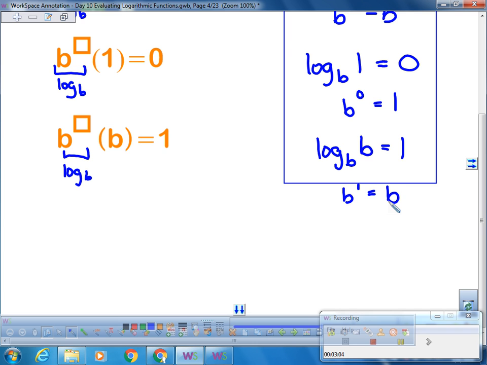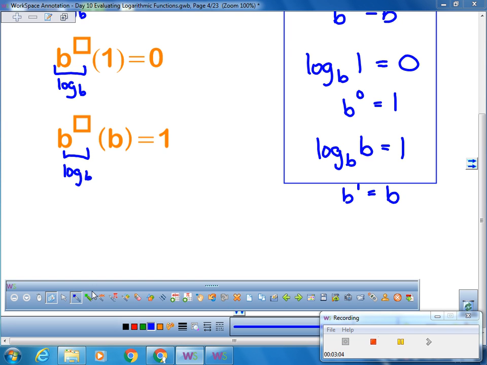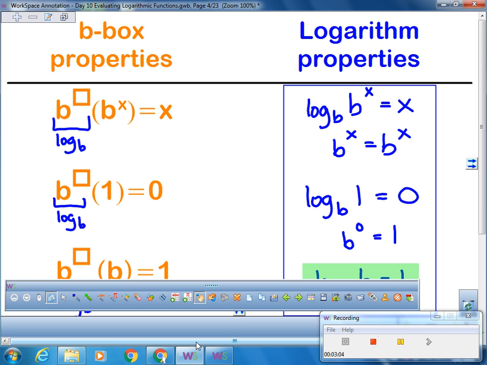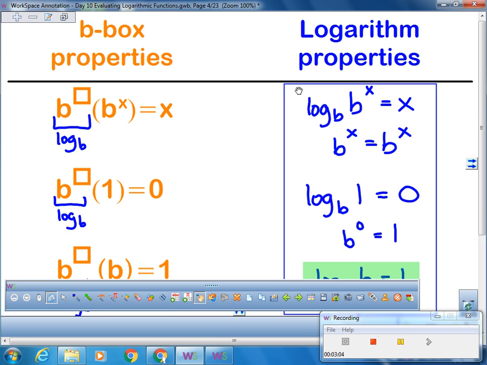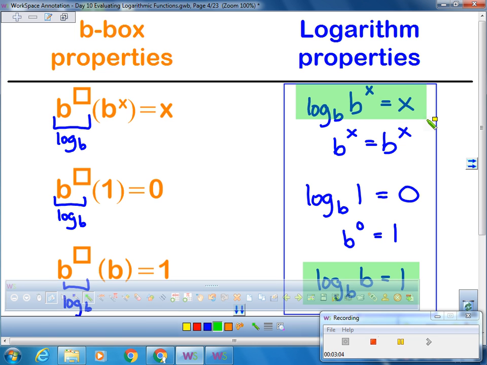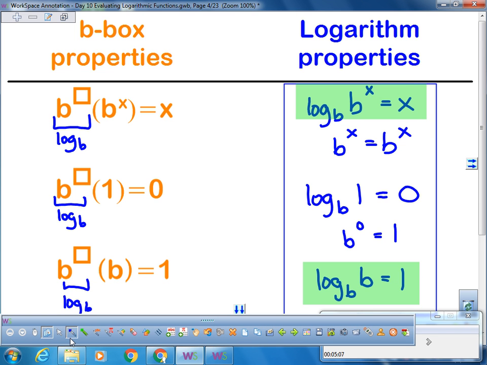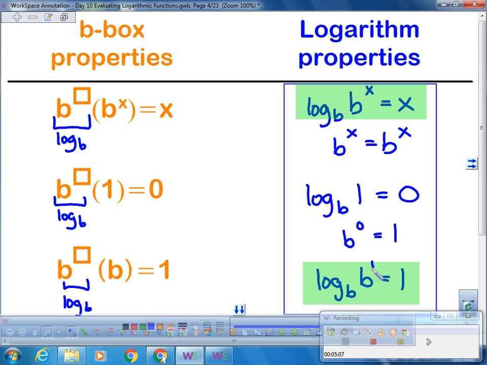This one actually looks very, very similar to the top one. Let me show you why. This is a really important property. We're going to use it over and over and over again. Whenever you see a b to the b, it's always whatever that exponent is.